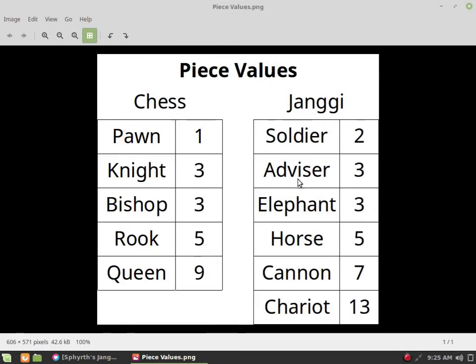When it comes to Janggi, you can also do that, but the scoring system is much more strict, because on tournament games that are declared to be a draw, they will count your scores based on the surviving pieces on the board.